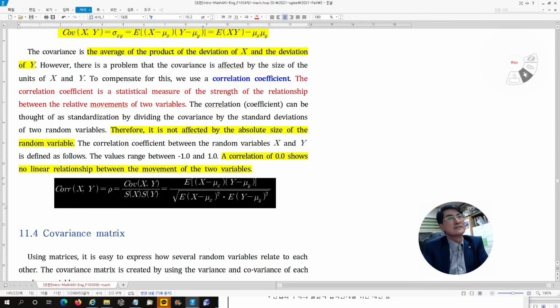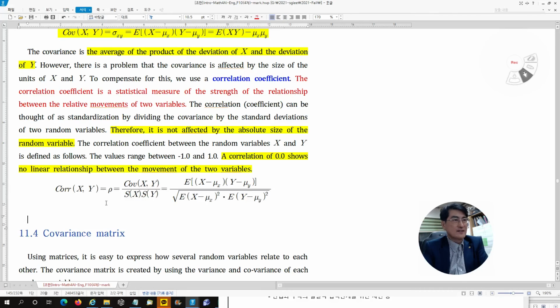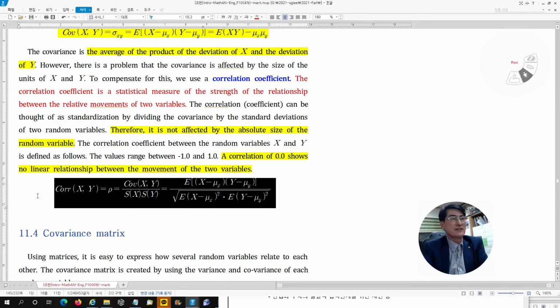Correlation coefficient, rho, is defined as the covariance of x and y over s of x and s of y. This is the definition of it.